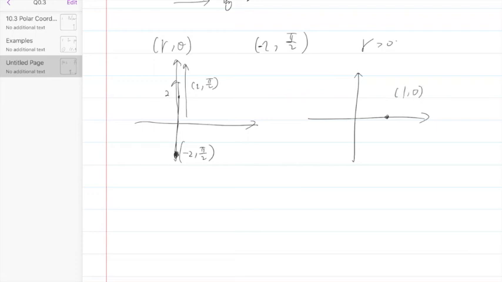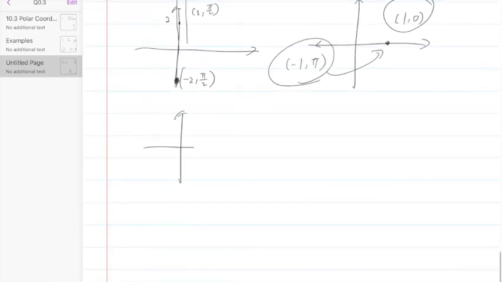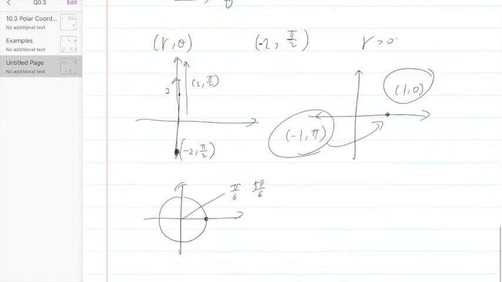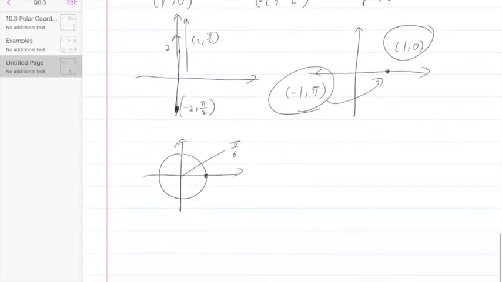But then you have another question that is really interesting, because for this point, there are so many ways to represent it. It can be (1, 0). It can also be, if you think about the angle is pi, then it's (negative 1, pi). Okay, so this point can simultaneously be both of these, and it very well should be so, because once you do unit circle, you kind of know whenever you see an angle, for example, you see an angle like that, this certainly is pi over 6, but you can also make it to be 13 pi over 6.